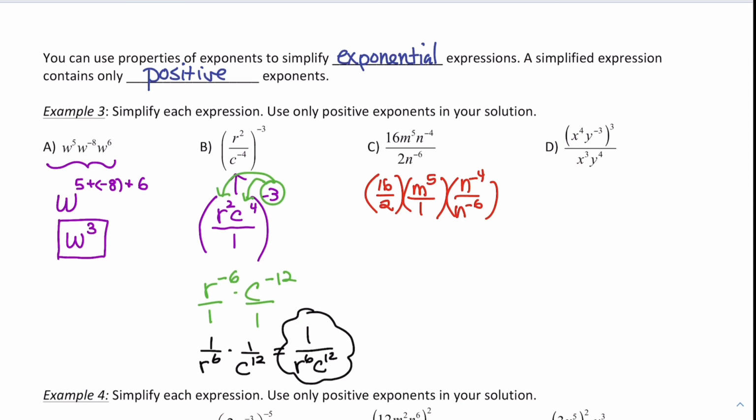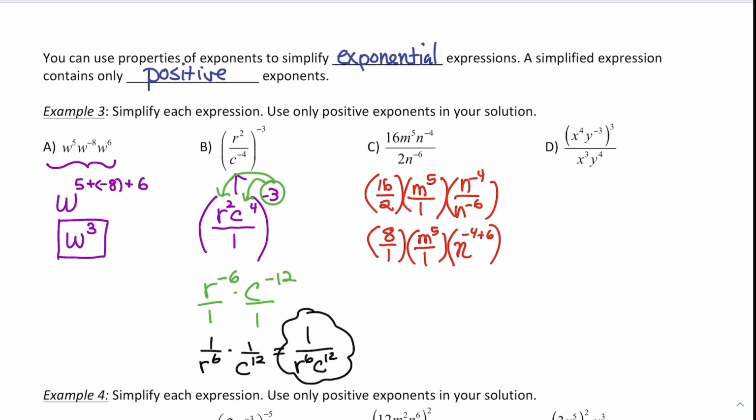Now 16 over 2, that's pretty easy. I'm just going to write this as 8 over 1 for the time being, since everything is still kind of a fraction here. M to the 5th over 1, there's not much to do with that. But here's the interesting part, the n part, and we're going to use the rule that says we subtract the exponents for this one, n to the negative 4 minus negative 6.